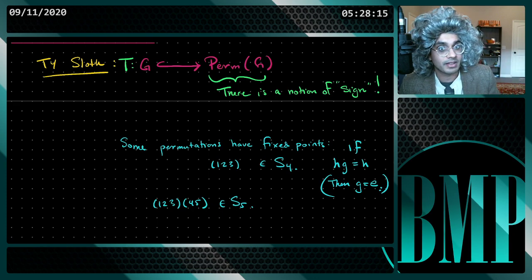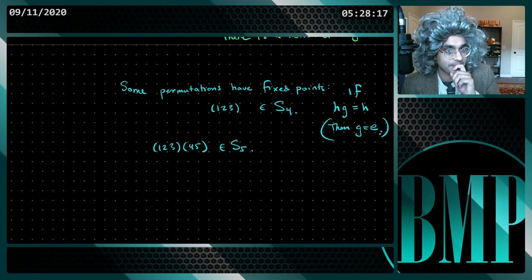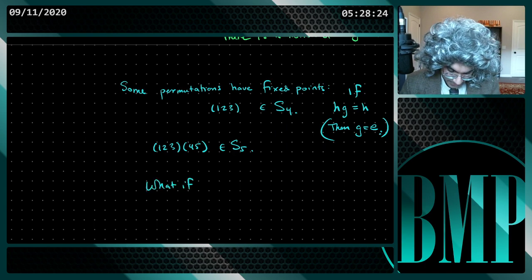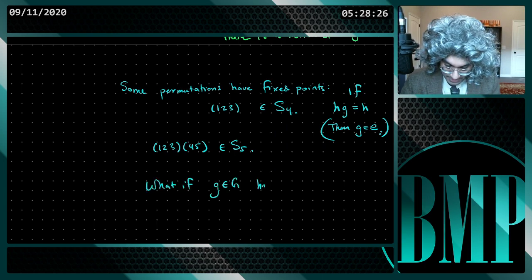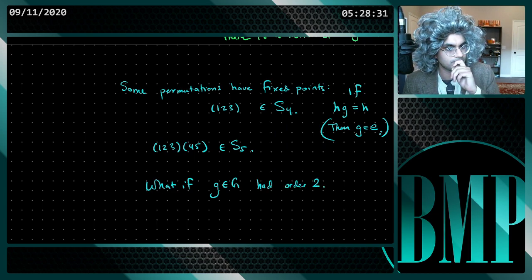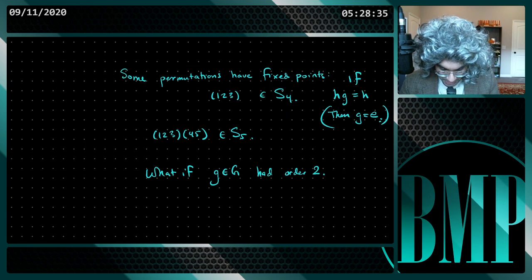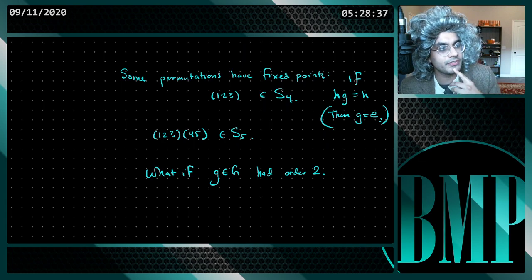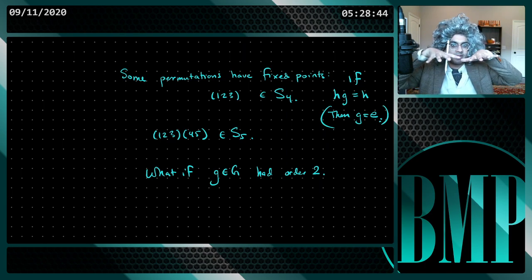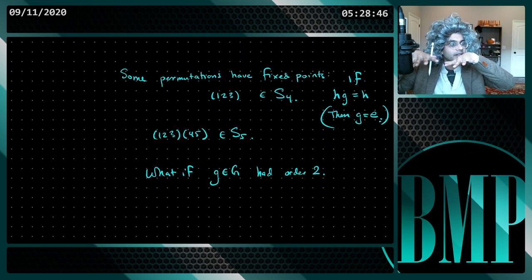For example, Kappa, what if an element in G had order 2? Just think about this case. I don't know what you mean by shift, but I'm imagining you mean this: here are the elements, and then you just shift them over 1.